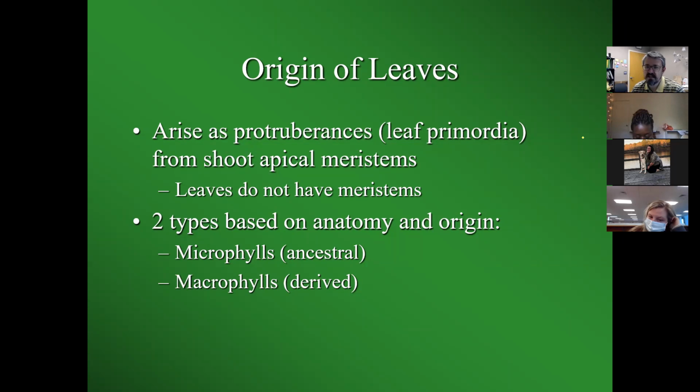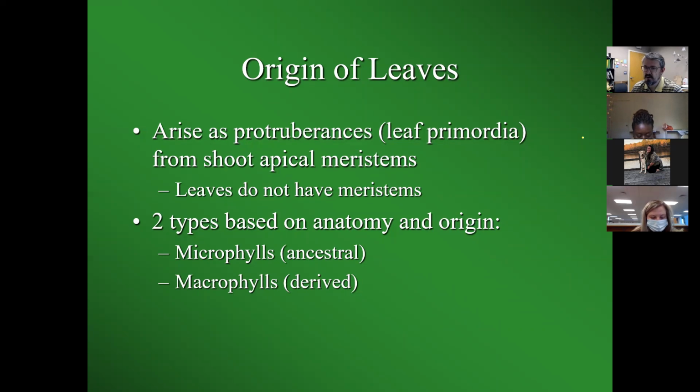There are two kinds of leaf anatomy. There is the microphyll, which is ancestral, and the macrophyll, which is the derived, newer feature. Microphyll and macrophyll are slightly confusing terms because we are going to see those terms used two times, and they're going to mean a little bit different things depending on what we're looking at.